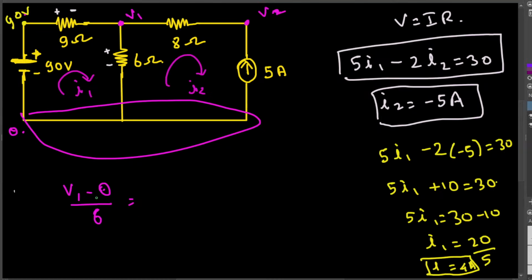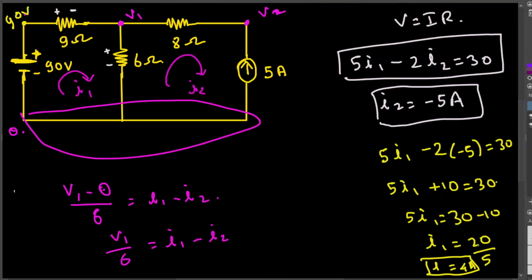What I'm calculating, according to Ohm's law, I is equal to V divided by R. This is our V divided by R, so that's going to be the current. Current is I1. If I assume the bottom direction, I1 minus I2. So V1 over 6 is equal to I1 minus I2.